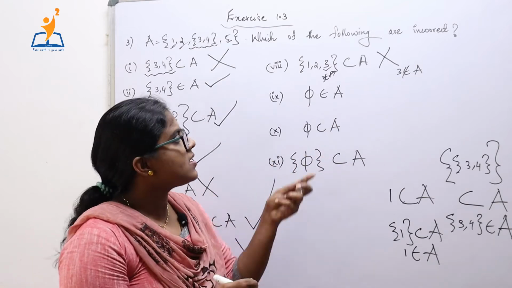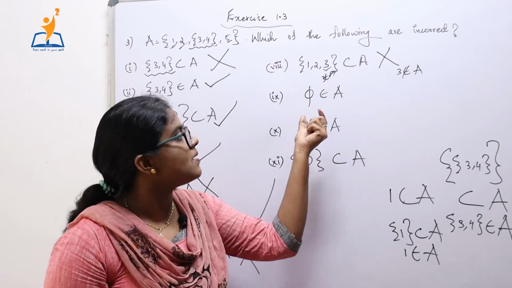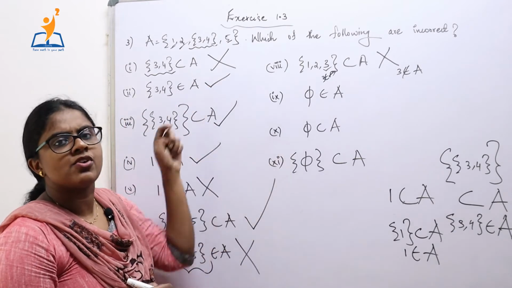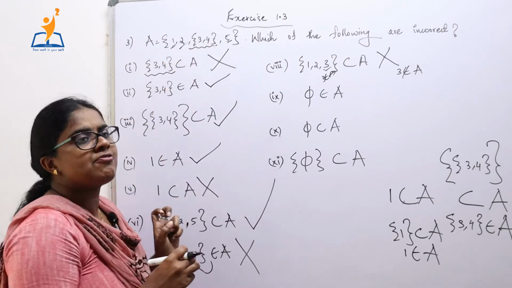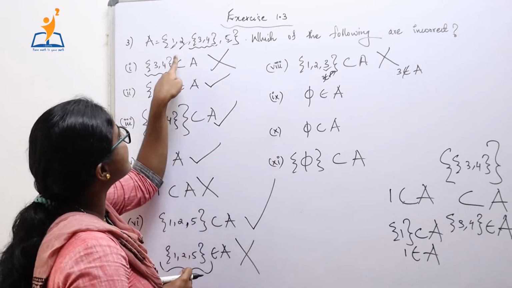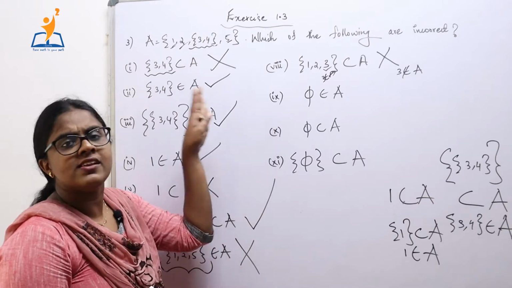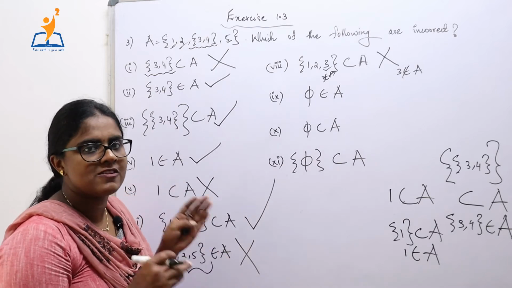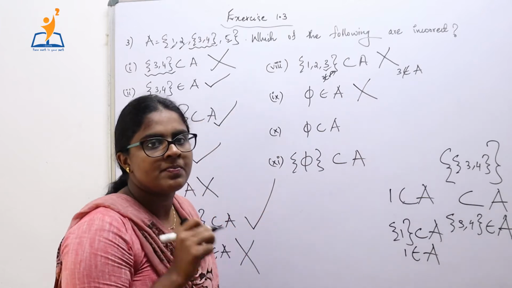So we are given that the symbol 5 belongs to set A. Does this symbol belong to our set A? 5 is a symbol and we cannot see the symbol 5 in our set. Our set contains only 4 elements: 1, 2, set 3, 4 and 5. So the symbol 5 is not present in this particular set, and we can say that this statement is false.